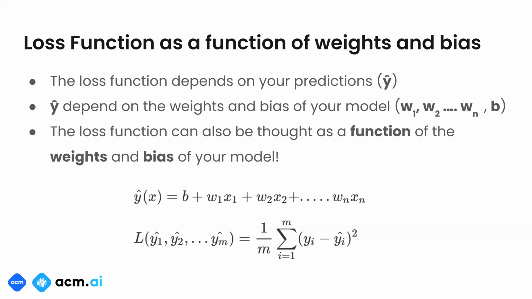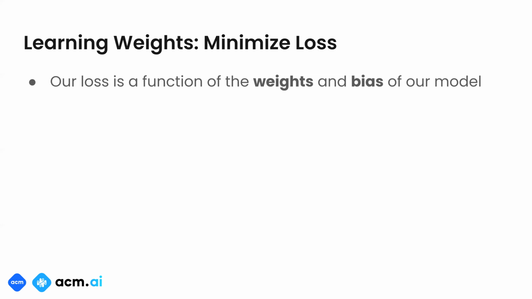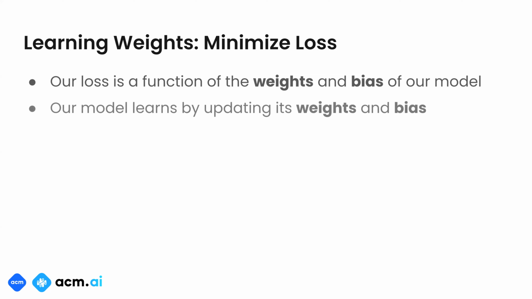All right, cool. And so in order to actually learn our weights or get better weights, our goal is to minimize loss, right? We want to make our model have as little error as possible. And so our goal is to minimize that. We know our loss function is now a function of our weights and biases, and so we can make our loss better by updating our weights and biases.